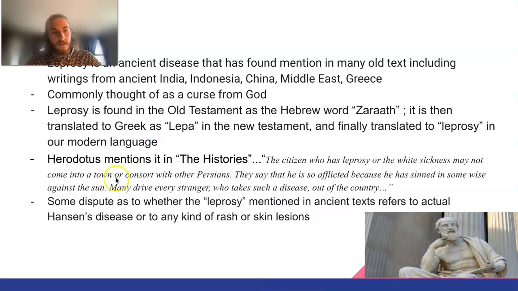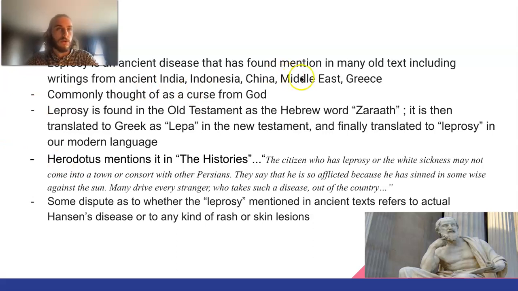Okay, so the last thing we should talk about is the history. At least for me, I think of leprosy as a pretty ancient disease. And it is a pretty ancient disease, right? I personally think of the Bible when I think of leprosy. It's mentioned in the Bible multiple times.